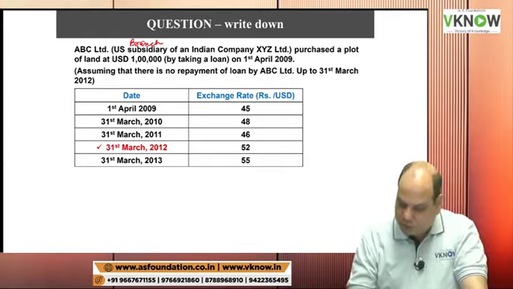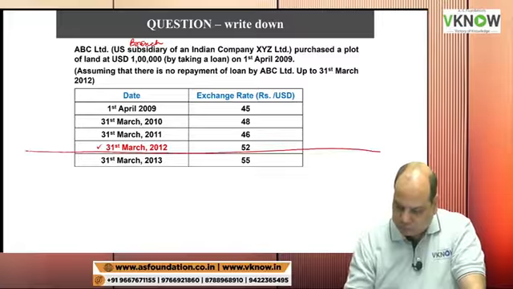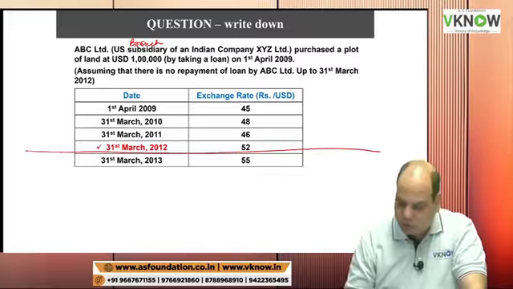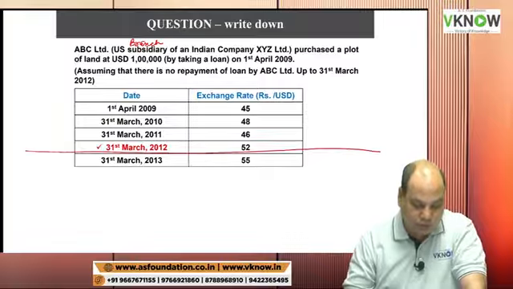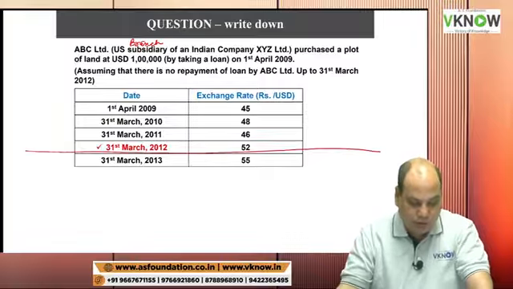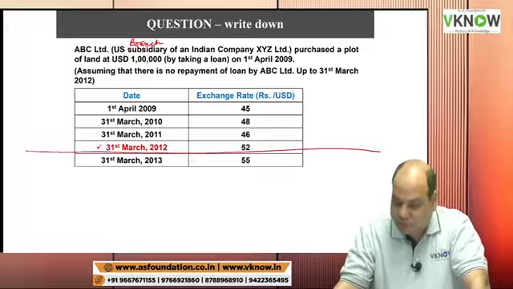There is no repayment of the loan up to this date. So even if the loan is repaid, the land will continue. Yes or no? Even if the loan is repaid, land will continue in the books.